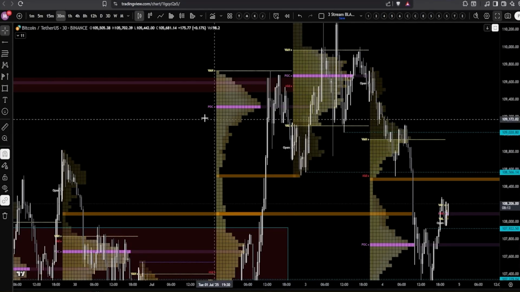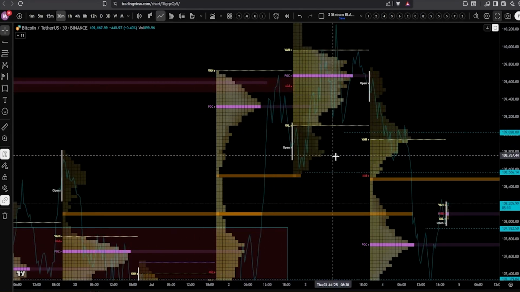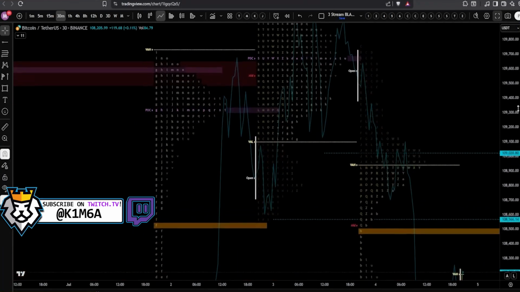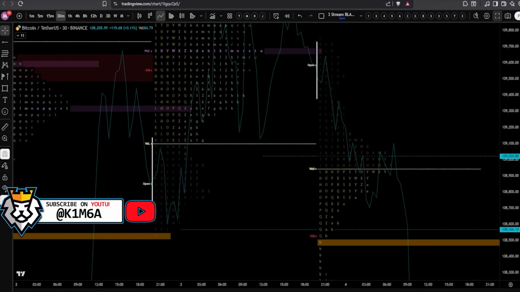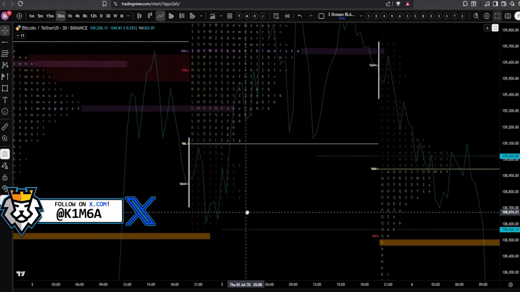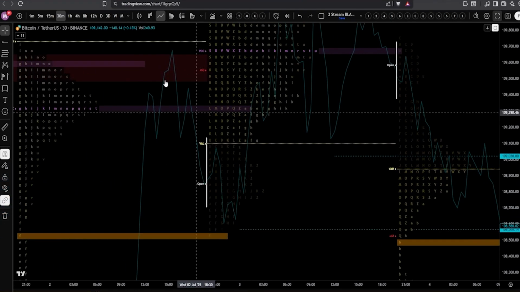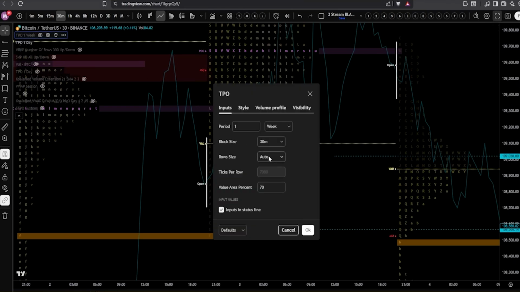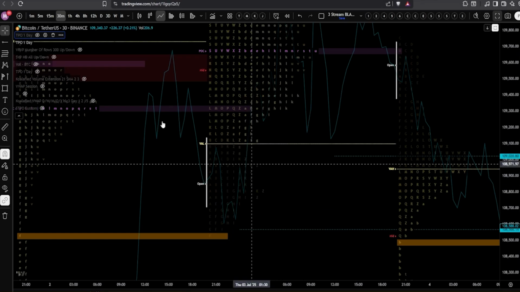So that was our area, and if you look at the profile, I know I got the value area looking fugly down there. Let's do 4,000. Hopefully it'll show nicer.